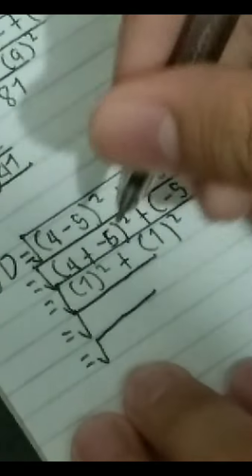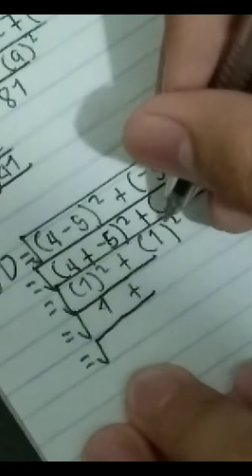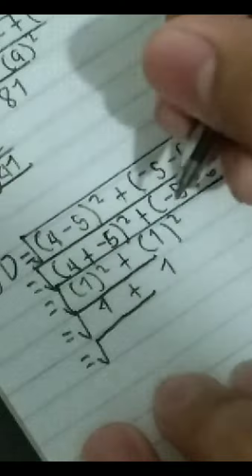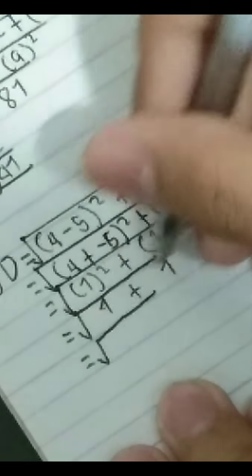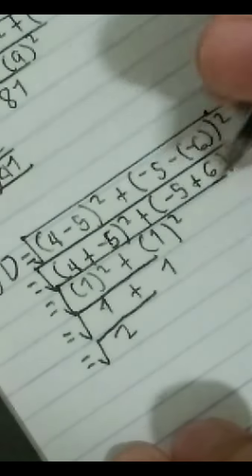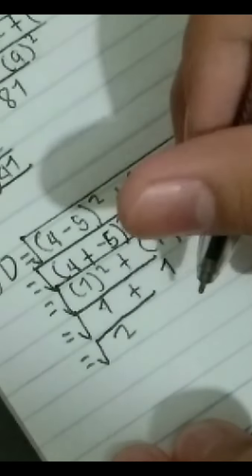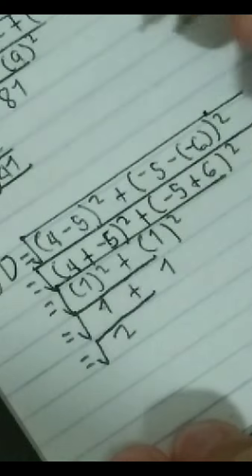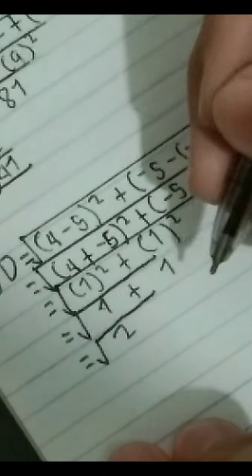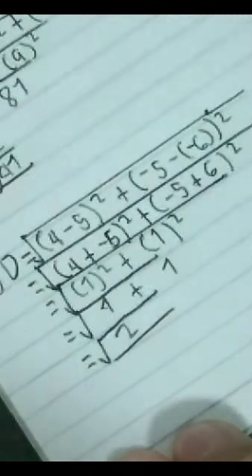So there. So next, negative 1 squared equals to 1 plus negative 1 squared equals to 1. So 1 plus 1 is equals to 2. And that is the answer, because it's not a prime and it has no square root. There.